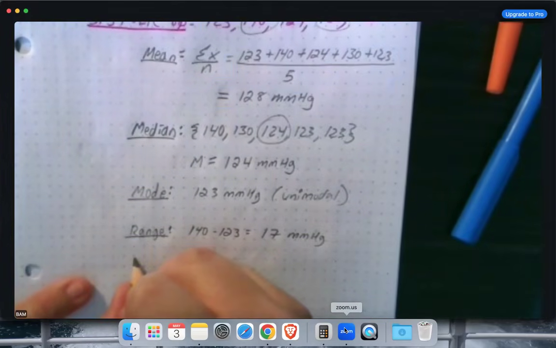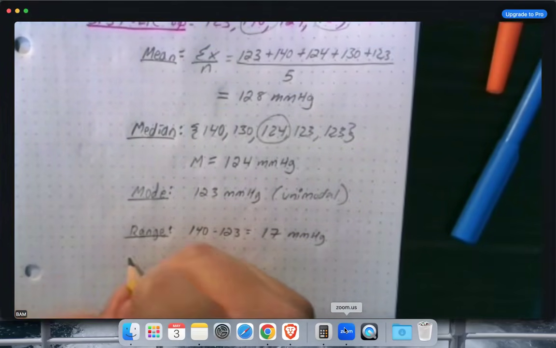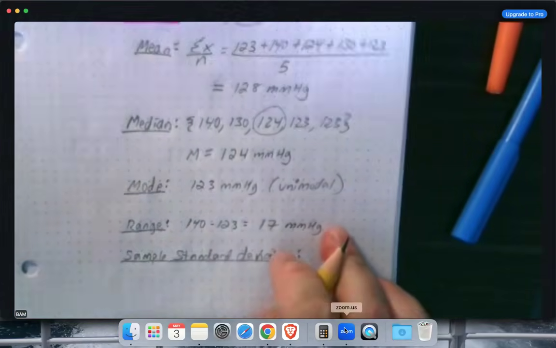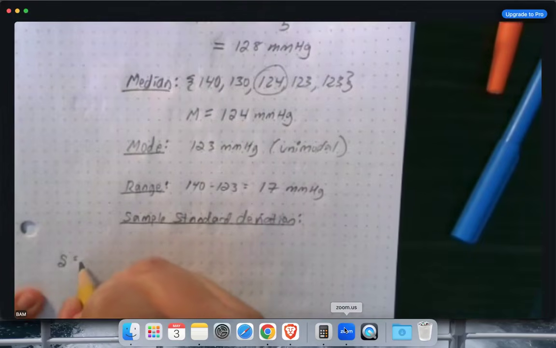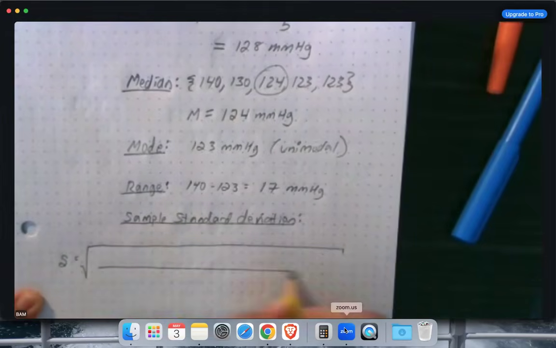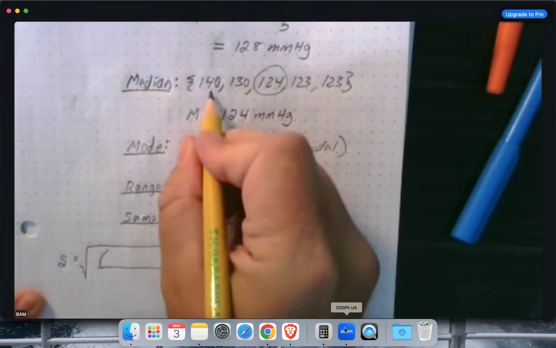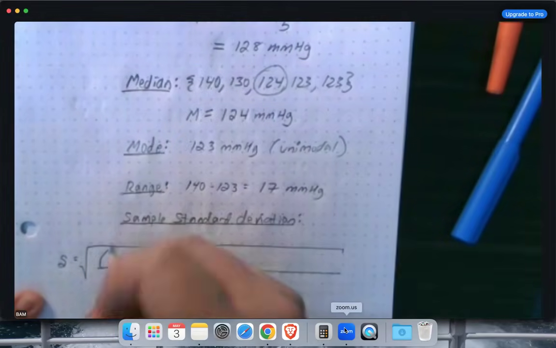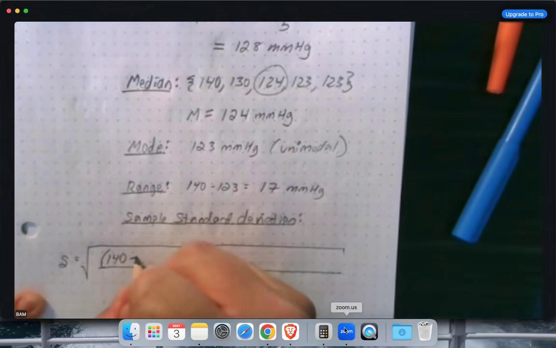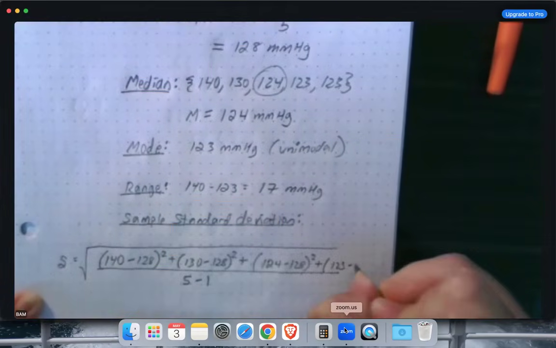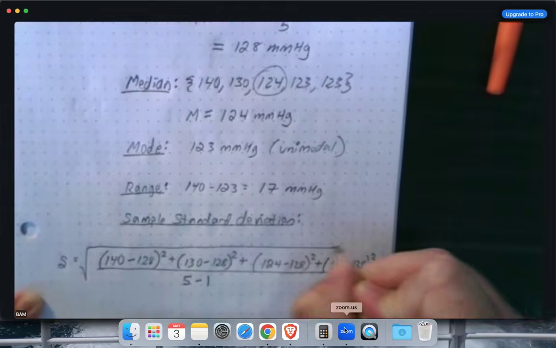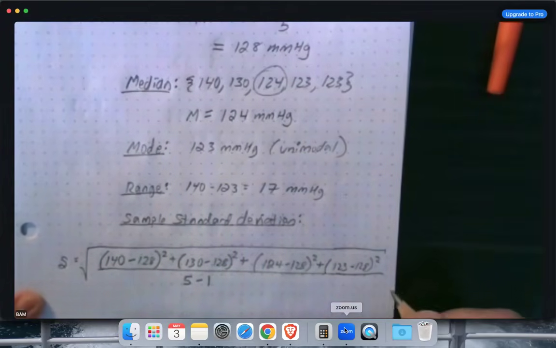And then the sample standard deviation, little s, is the square root. This is 5 minus 1. And I can go from max to min if I want. Now, I'm going to do a math trick.